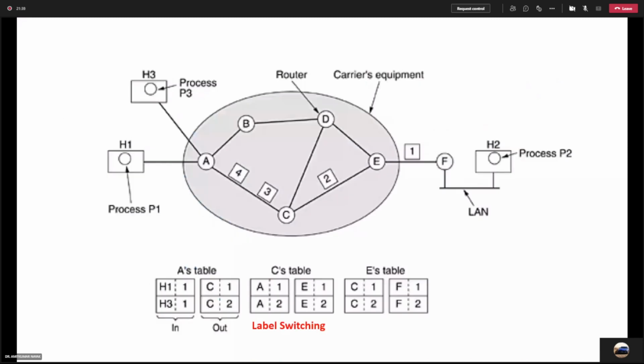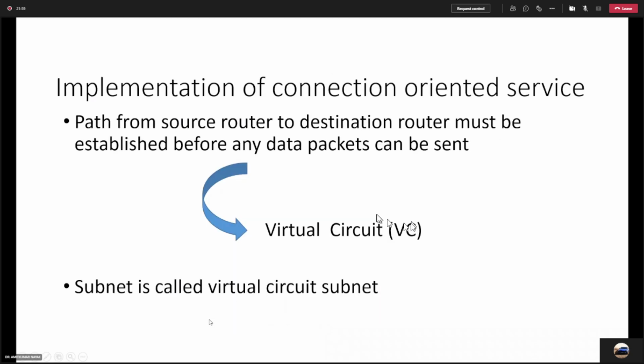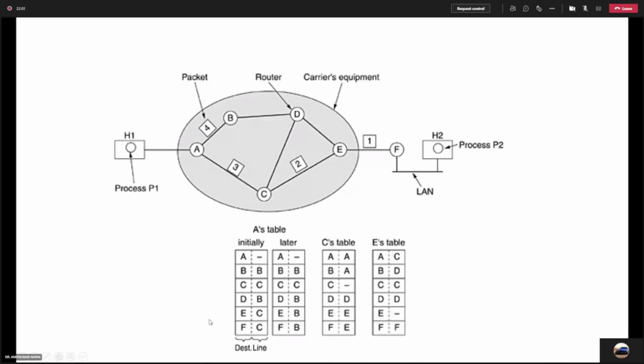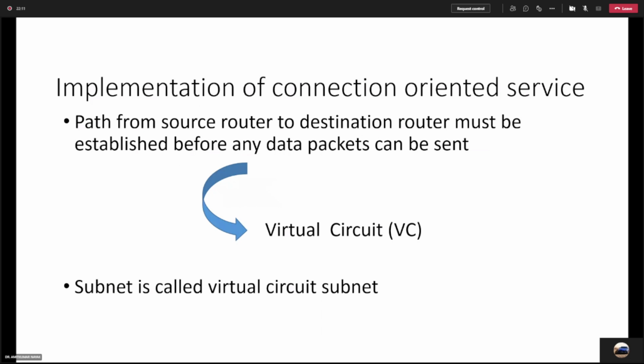We have also seen that if a device wants to send the data, then how router A, router C and router E are forwarding the data. We have seen the table, and the table is available on your screen. We have discussed the routing table under the connection-less service, and we have also discussed the routing table under the connection-oriented service, that is known as virtual circuit.